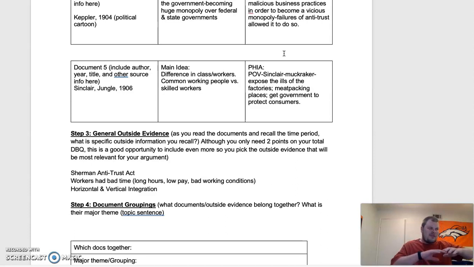But horizontal is really establishing this general monopoly where you dominate and take over all the companies in your specific sphere. So that's obviously no good. That's something I do want to bring up here and I think is worthy of my time and might be valuable outside evidence. So that's good stuff.